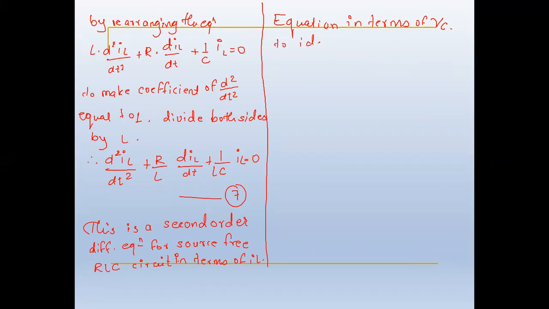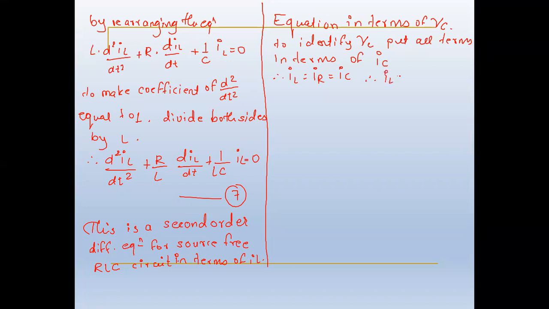To identify VC, put all terms in terms of IC. Therefore, IL is equal to IR is equal to IC.